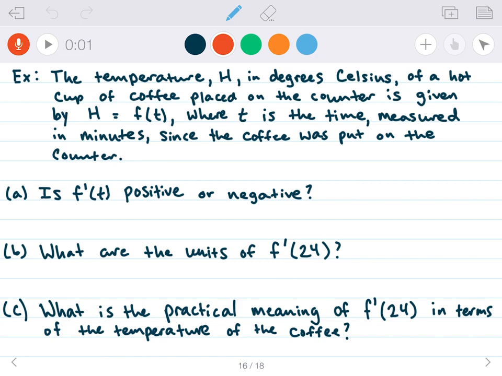Is the derivative positive or negative? Well, let's think about this. So first of all, let's put this derivative business in Leibniz notation to better understand the units. In this case, our dependent variable is H, which is in degrees Celsius. So we have dH, our dependent, over dt, and the units of H is degrees Celsius.